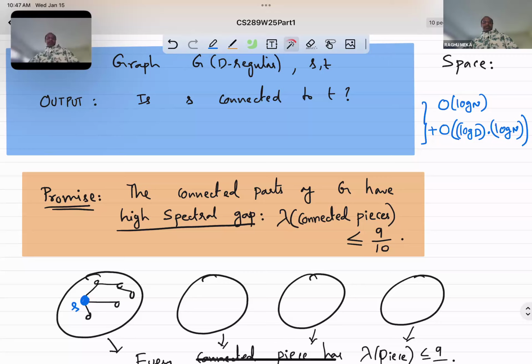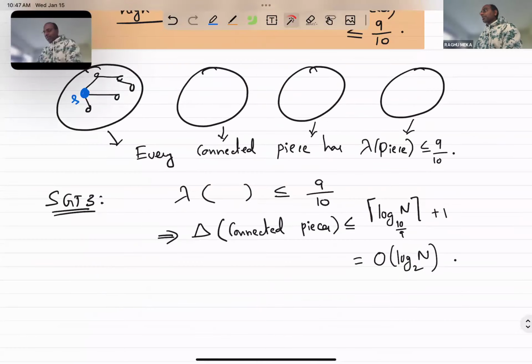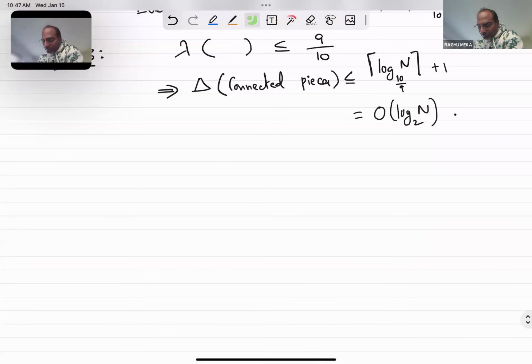Okay, does this make sense? Any questions about this picture? Okay, so what does this mean?